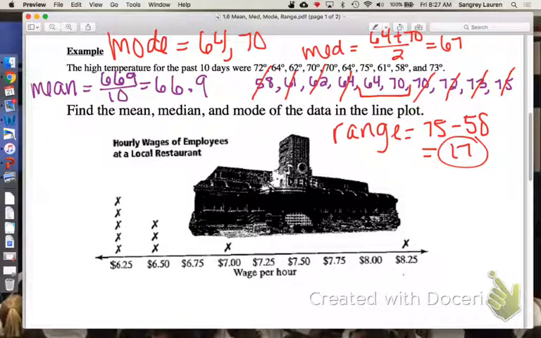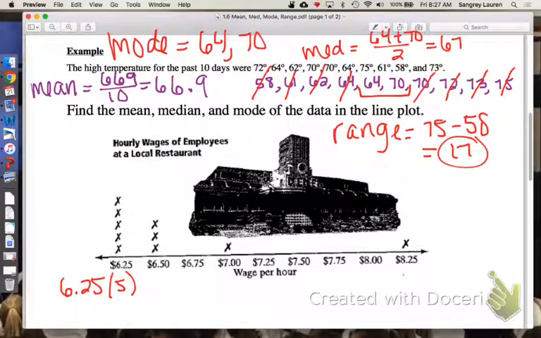And if we want to find the mean of these values, we're still adding them all up and then dividing by however many X's there are. But something that can make this a little better is if you notice, so for the wage of $6.25, there are 1, 2, 3, 4, 5 people.